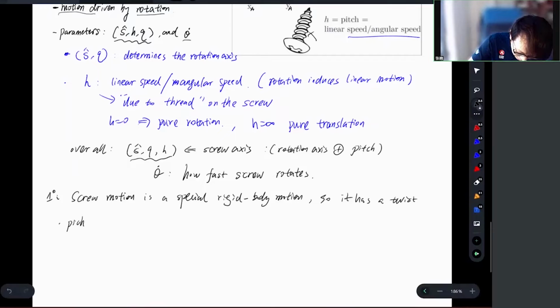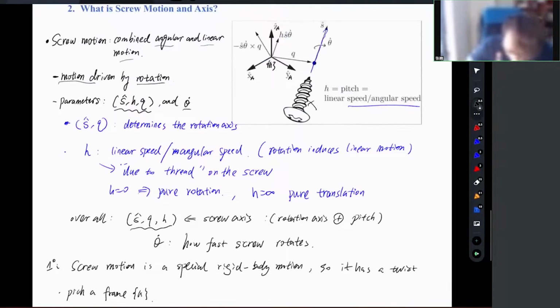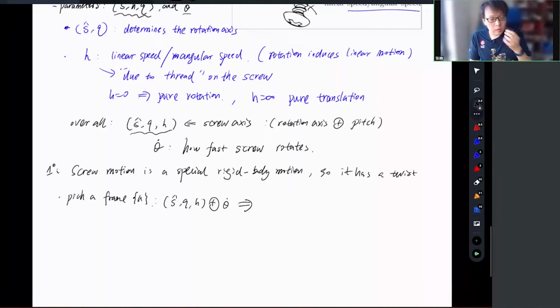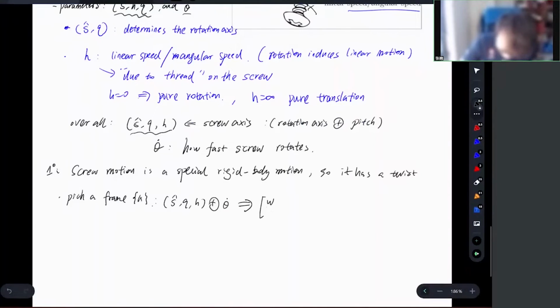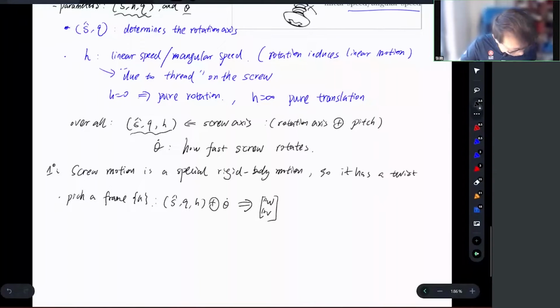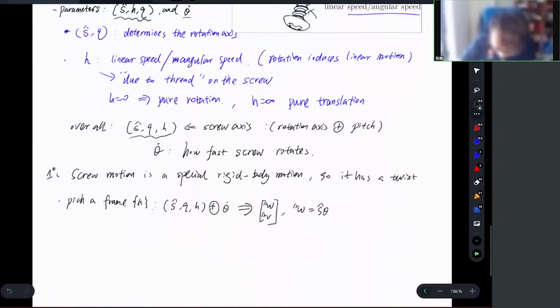Let's pick a frame again. Let's call it A. If you specify these parameters in the frame plus the rotation speed, as I said, this is a special rigid body motion, so you have a twist, omega and V. Omega A is, by the formula we derived before, or it can be easily seen from the figure, the direction times how fast it rotates.